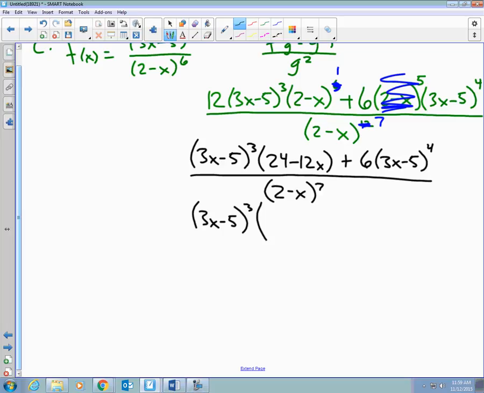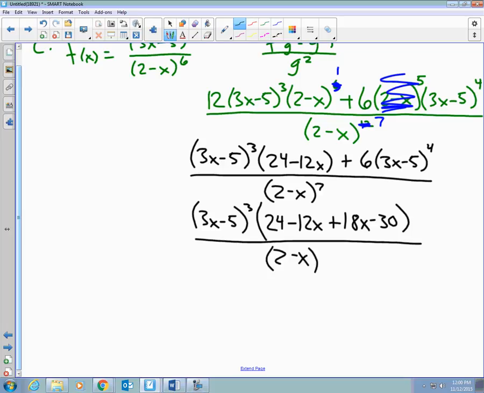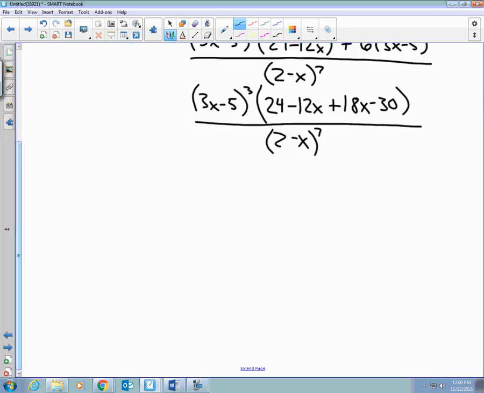When you take that out, you're left with 24 minus 12x. Then what? Plus 6 times what? 3x minus 5. So plus 18x minus 30. I took it out. It was reduced to the first power when I took it out.